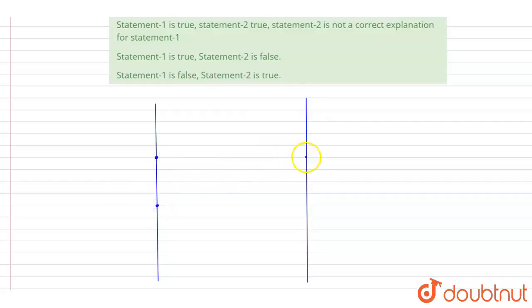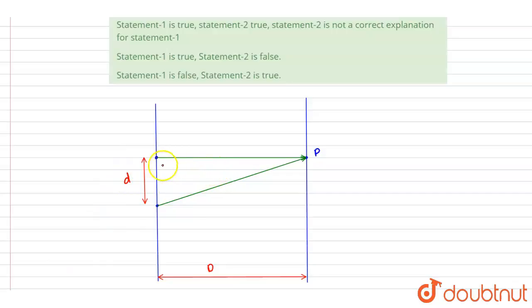We are talking about this point P, which is directly in front of the slit. So what will be the path difference? The distance between the slit and screen is capital D, and the distance between the two slits is small d.